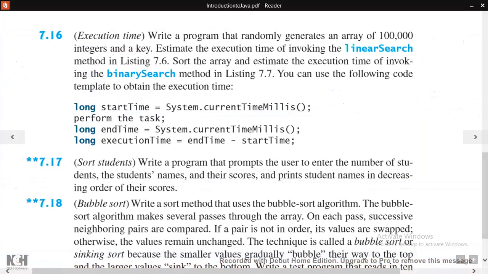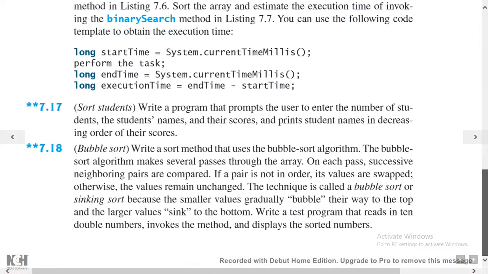It's 7.18. As you can see, we're applying bubble sort. Write a sort method that uses the bubble sort algorithm. The bubble sort algorithm makes several passes through the array. On each pass, successive neighboring pairs are compared. If a pair is not in order, its values are swapped.